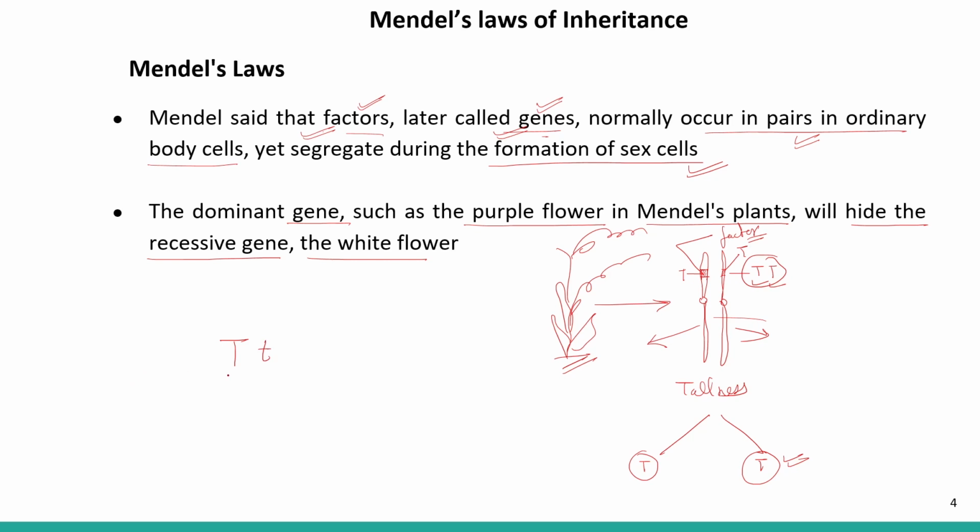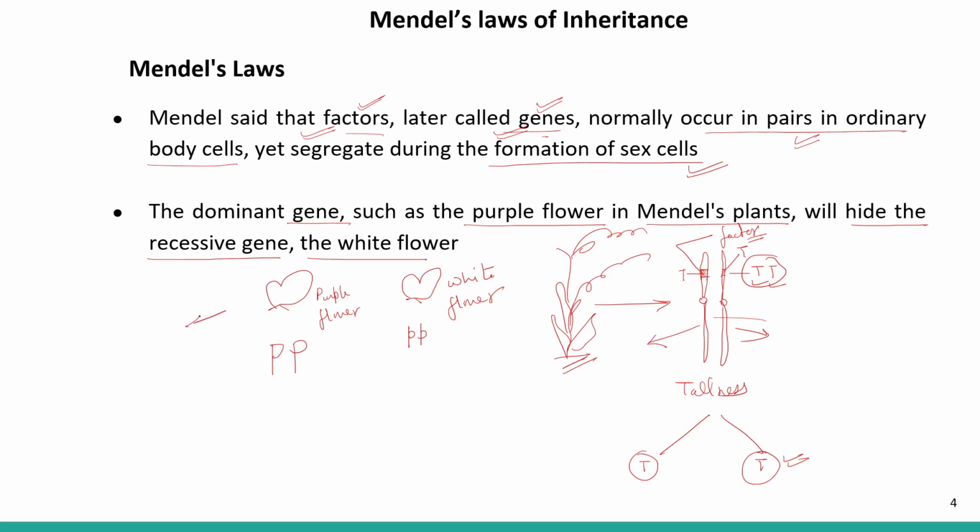So I'm taking the example of flower. I am taking capital P for purple. This is the purple flower and this is the white flower. The white flower will be taken as small p, not W, because it depends upon the character.